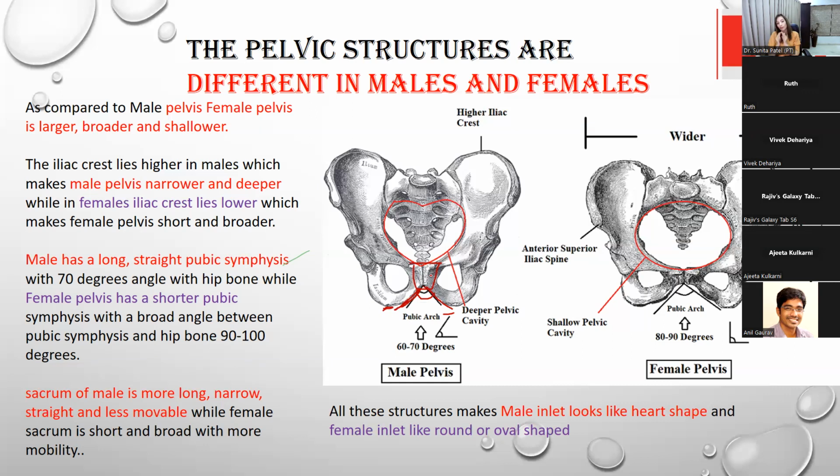So the pubic arch is narrow in male and wider in female. It means the sit bones, or ischial tuberosities, of a female are away from each other, with more space between them, but in male there is less space between them.